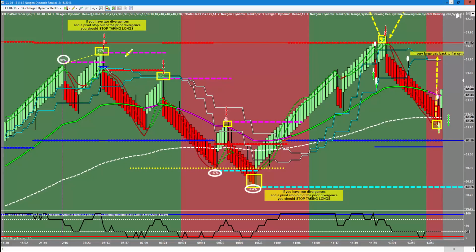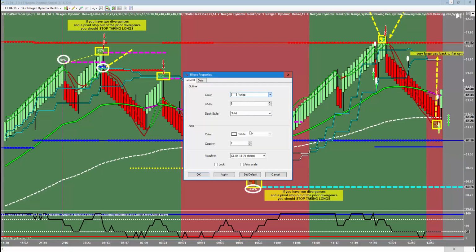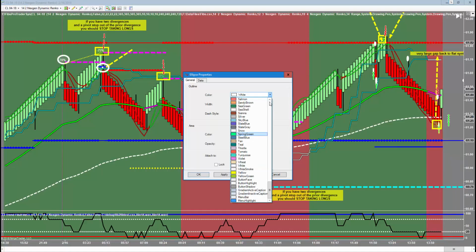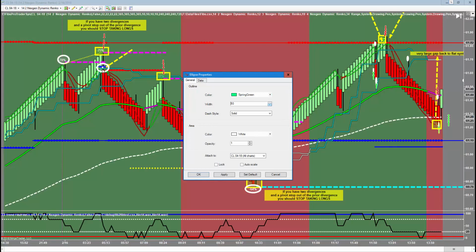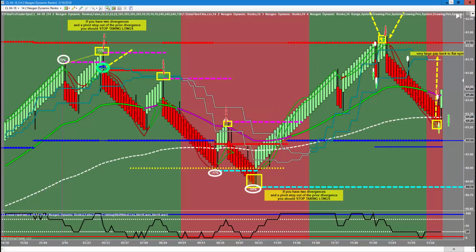Once you get back below that prior divergence, so look, can I draw in a green circle right here so you guys will know what I'm talking about? Watch this. You guys see the green circle spot? That's the price at which the party's over. And look, I'll make a red one over here.